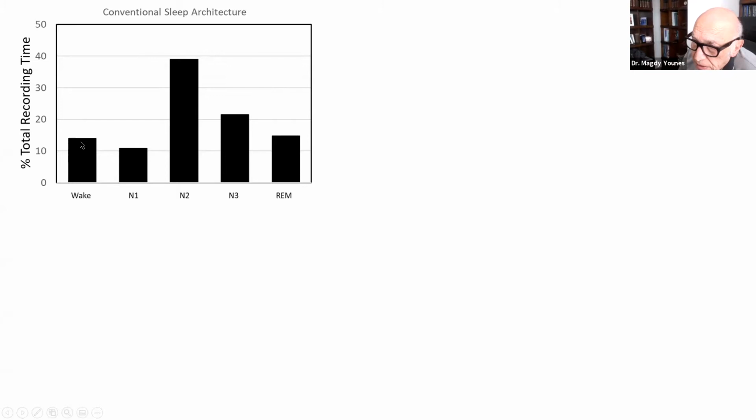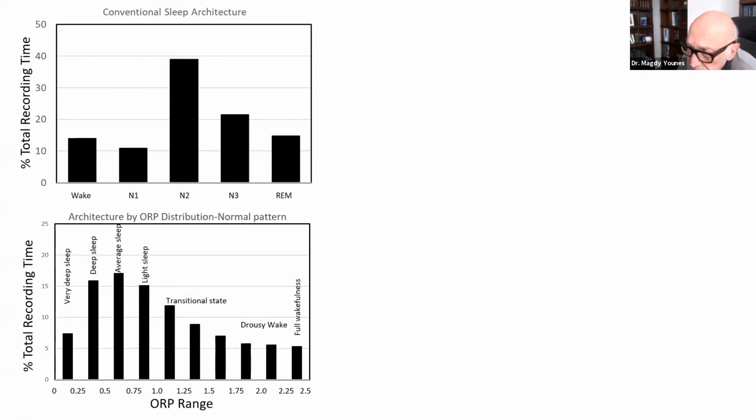A little bit of awake time, a little bit of N1, mostly N2, quite a bit of N3 and REM. So this is how sleep architecture would be expressed by conventional criteria, and what I'm trying to do is make it based on ORP, or at least have it, not necessarily replacing the conventional, but in addition to the conventional, so it gives us more information.